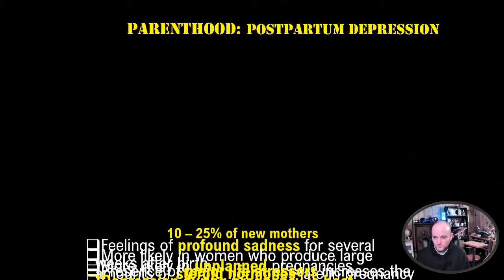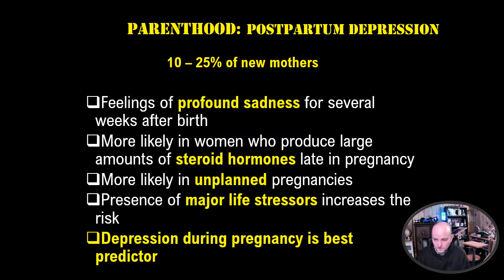So postpartum depression, and that bottom point in yellow, right, that depression during pregnancy is the best predictor of women who will experience postpartum depression.